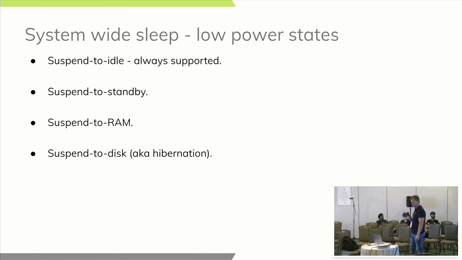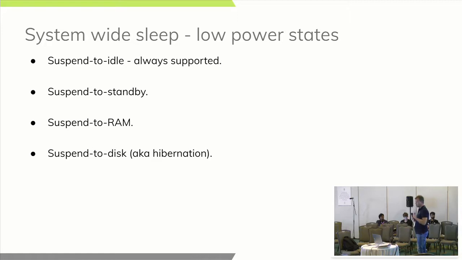This framework has a couple of low power states that it supports. You've probably heard about these, but this is a list of the low power states supported when you do this system low power thing: suspend to idle, suspend to standby, suspend to RAM, and suspend to disk. Today this presentation is mostly focusing on suspend to RAM and suspend to idle.